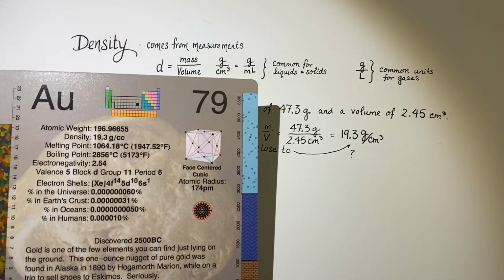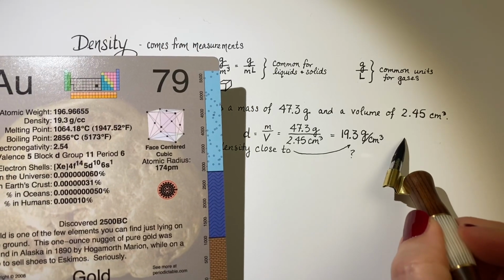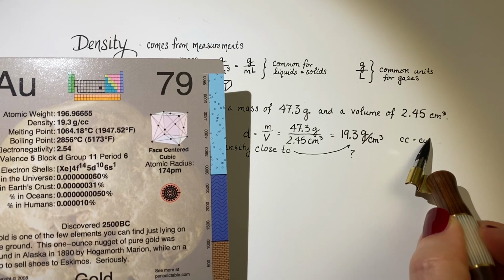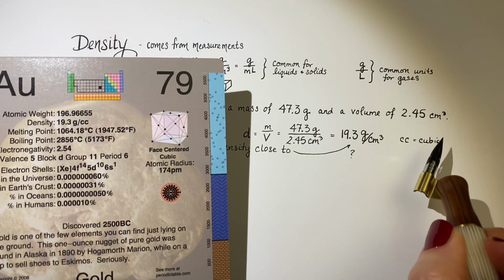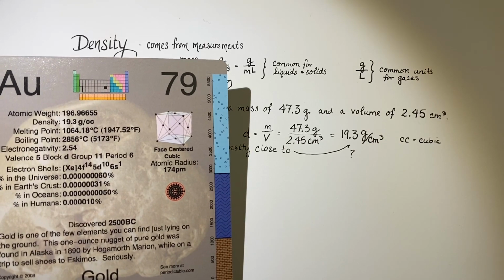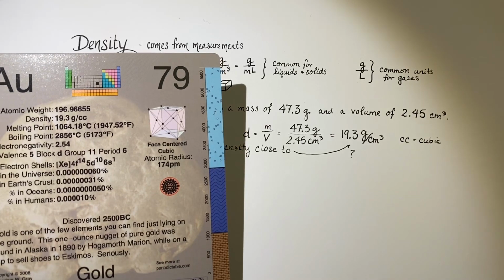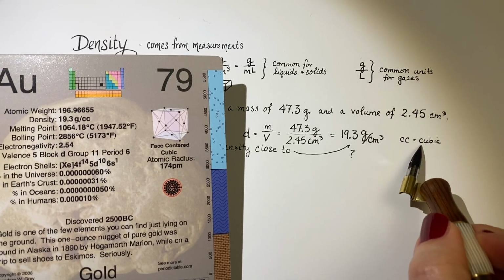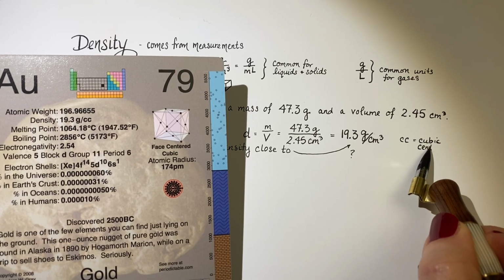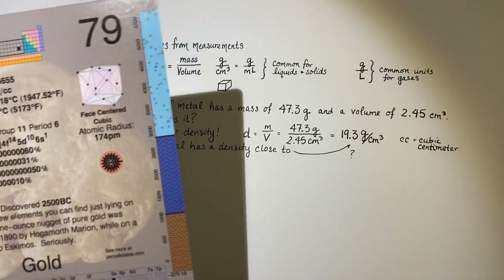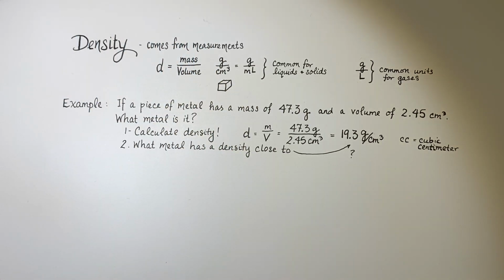Well, I just gave it away right there. cc means cubic centimeter. Oh, I got a little fluff on my pen. Cubic centimeter. So those units are the same, and we found our mystery metal.